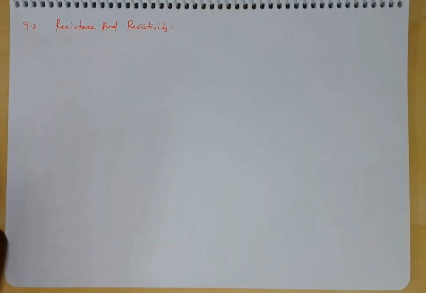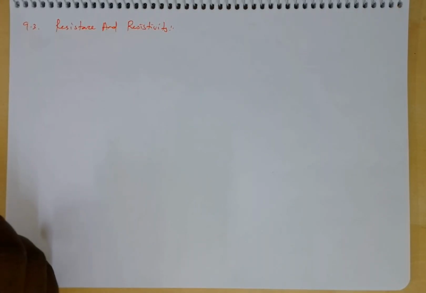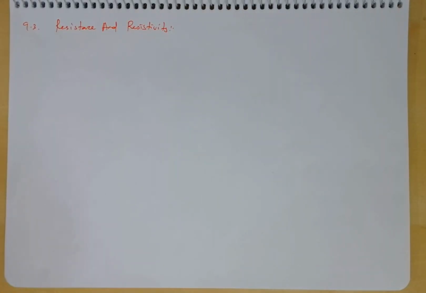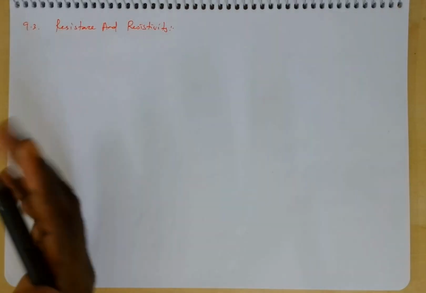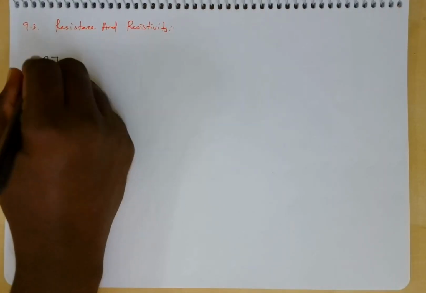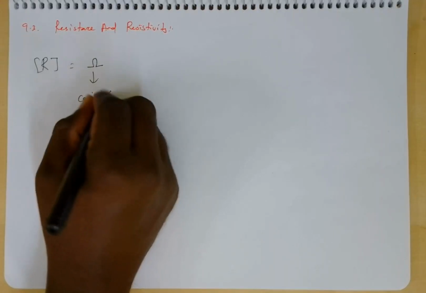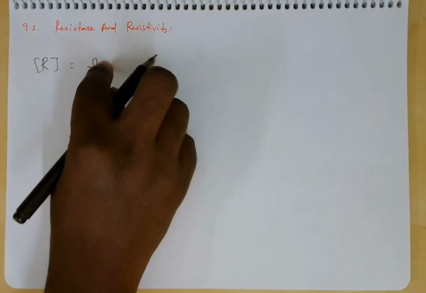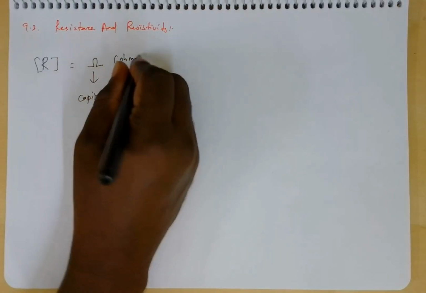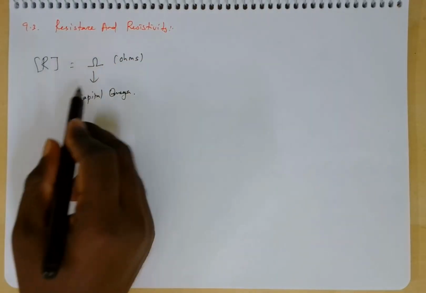So the Google definition is this: resistance is the opposition a material offers to the flow of electric current, caused by the collisions of electrons with atoms. So as we discussed already, this resistance is denoted by letter R and measured in ohms, which is the capital omega symbol. The unit of resistance is ohms.